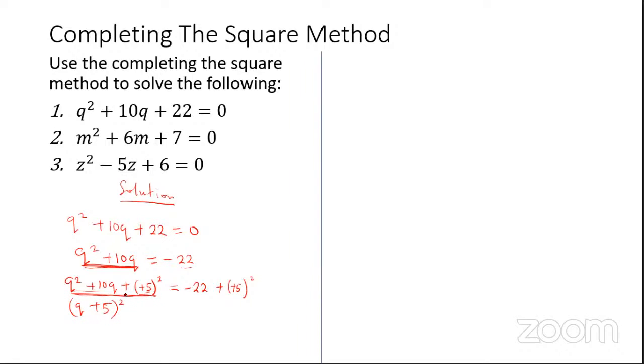You don't bother yourself about the middle one. You have used it already to get this 5. So when you want to factorize, just pick q, pick plus 5, square. So you have q plus 5 squared equals minus 22 plus 5 squared will give us 25.